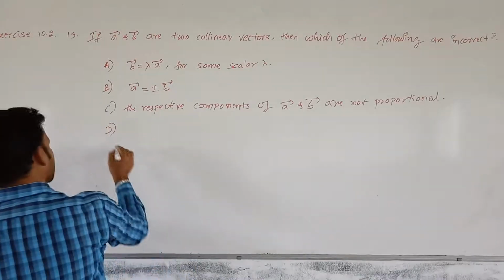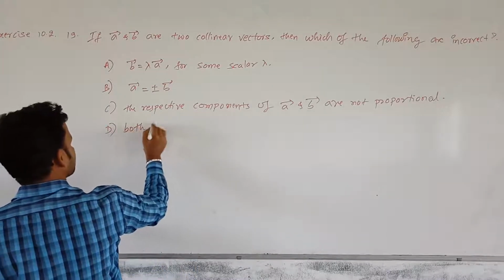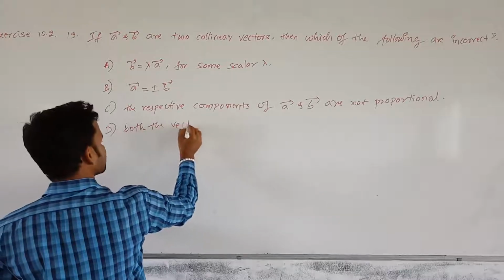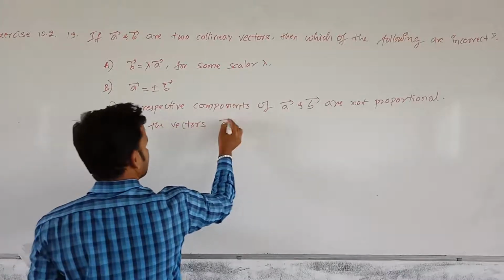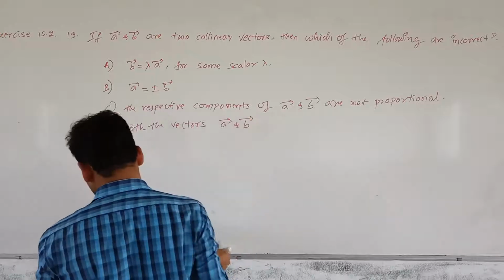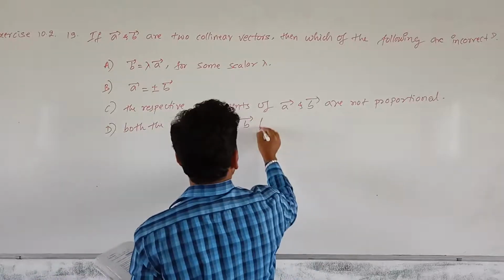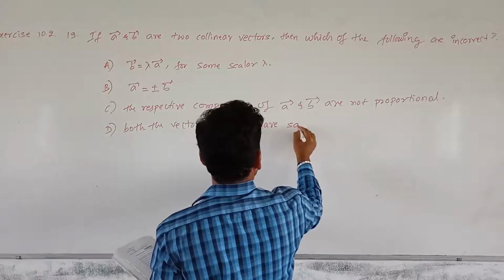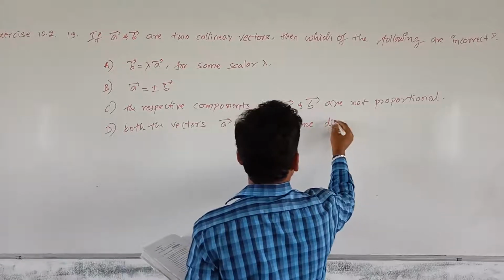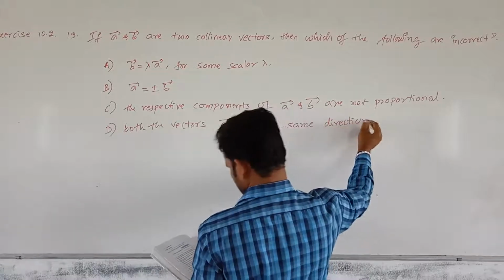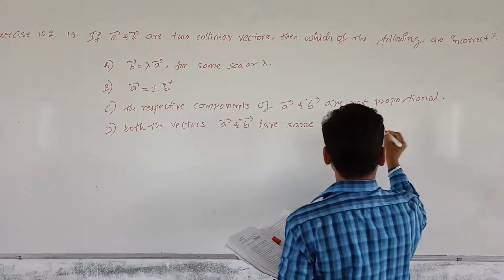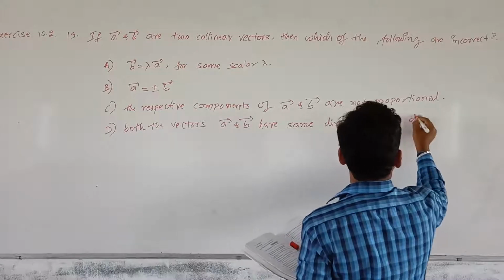D, both the vectors A and B have same direction but different magnitudes.